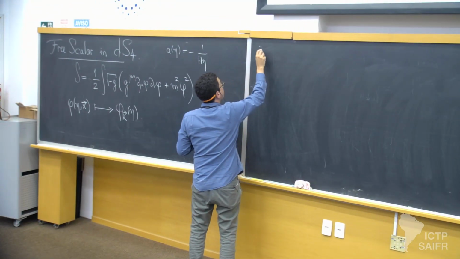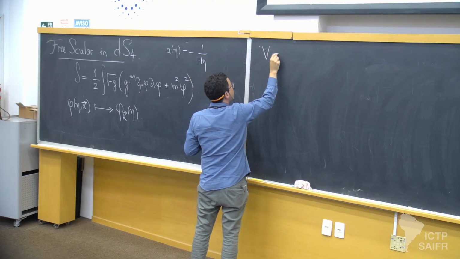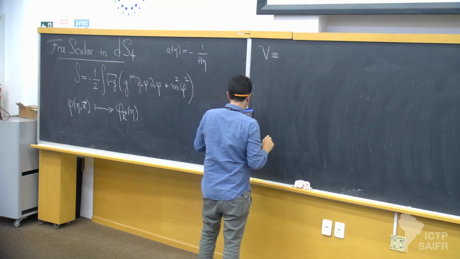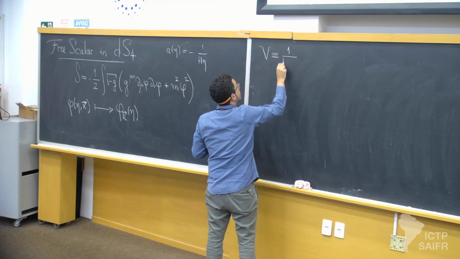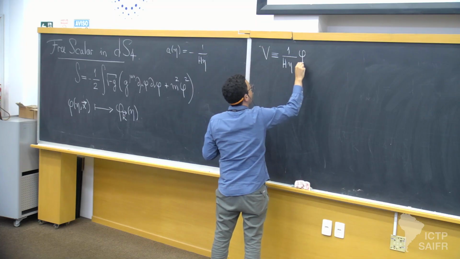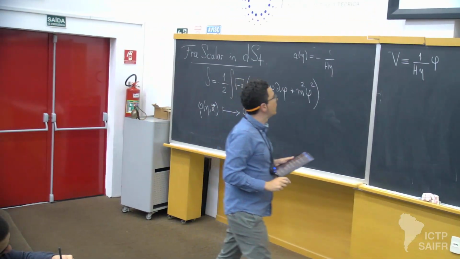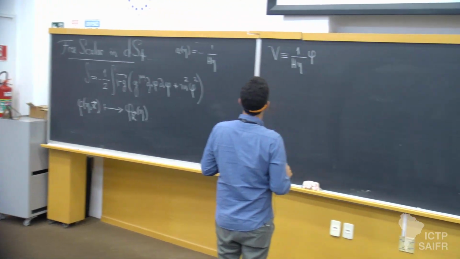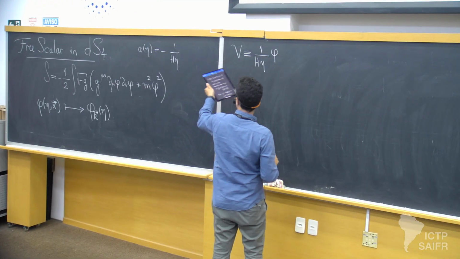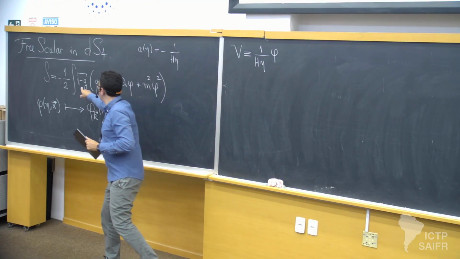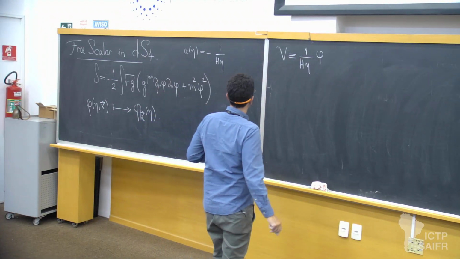So canonically normalized, you define some variable v like so, v = φ/(Hη). This variable v is called the Mukhanov-Sasaki variable, also known as canonical normalization, because there's a scale factor dependence.